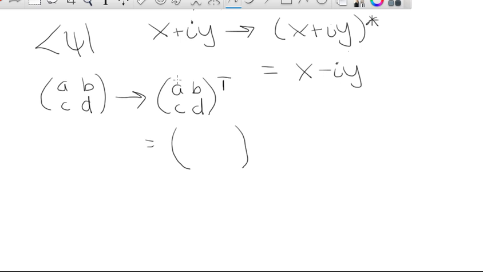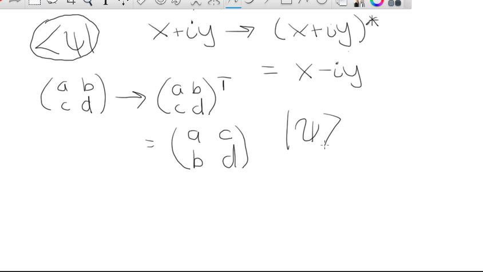So here, this row here becomes a column, so we put A, B here. Now this row here also becomes a column, so we put C, D here. So this bra is the complex conjugate transpose of our ket psi.